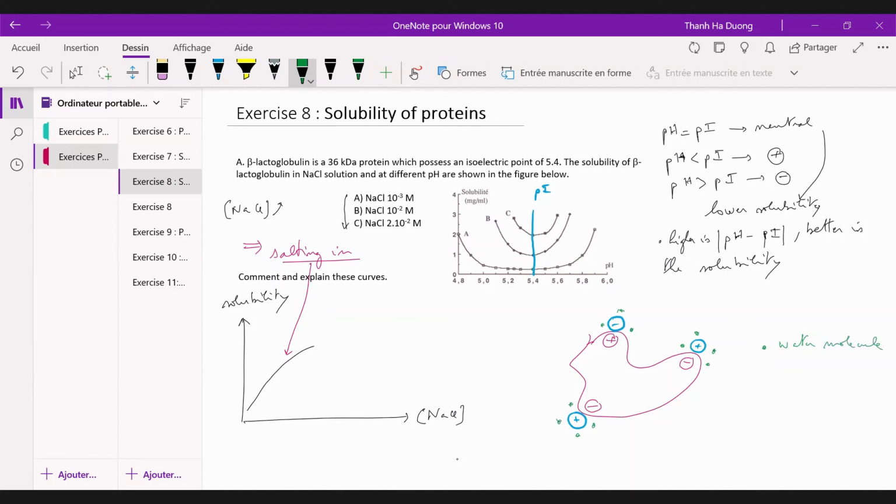Because the cation and anion are surrounded by water molecules, when you have electrostatic interaction, you will bring some water molecules near the proteins. So you will increase the solubility.